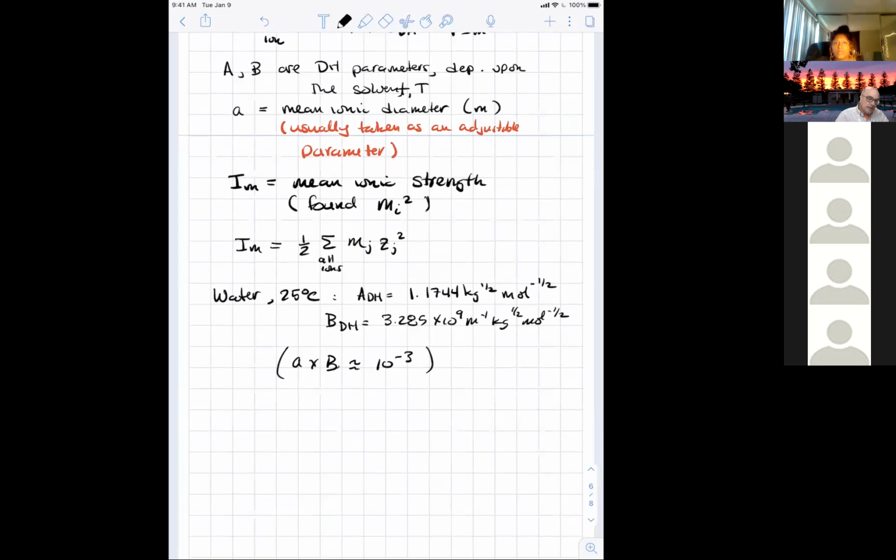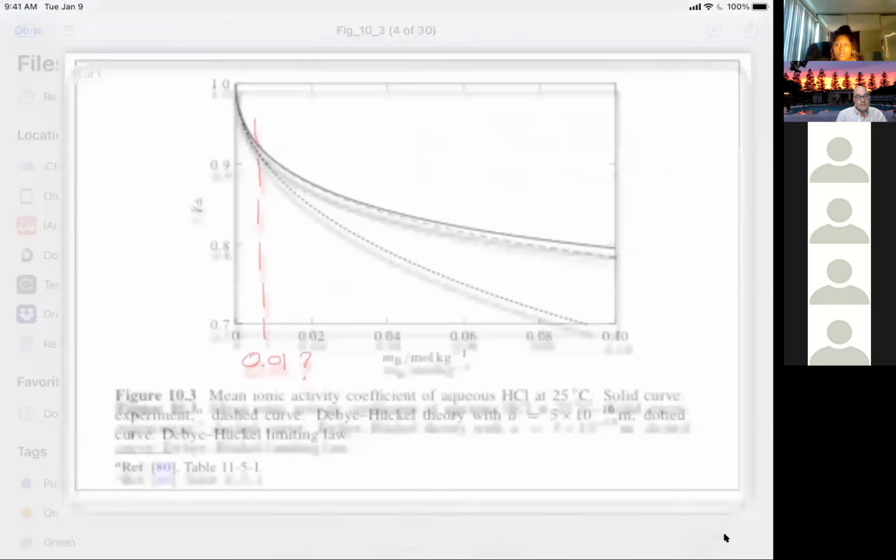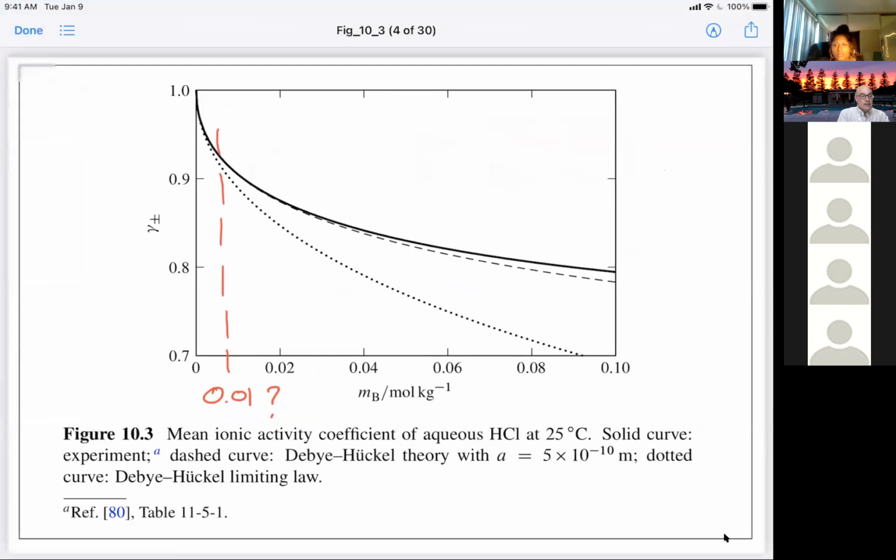All right, let's look and see what this looks like. Here's the mean ionic activity coefficient of HCl. The solid curve is experiment. The dash curve is Debye-Hückel theory. Now I said the A is an adjustable parameter, but it makes sense. This is supposed to be basically the size of the ion, 5 angstroms. How big is a hydrogen atom? An angstrom, right? So that makes sense.